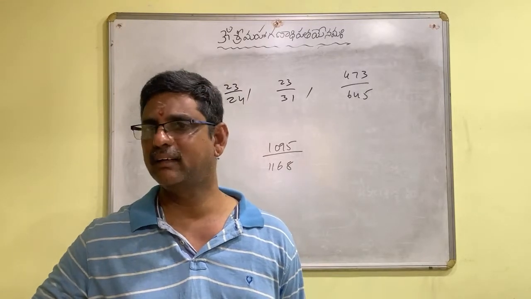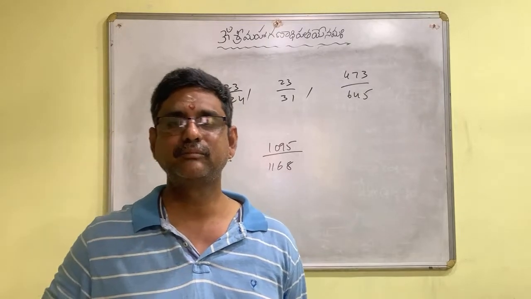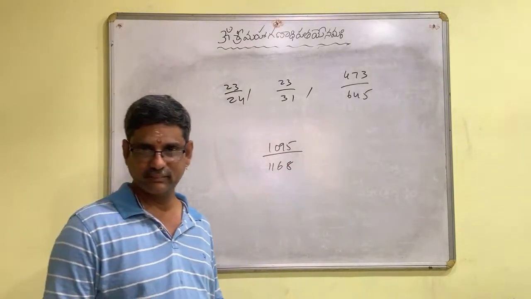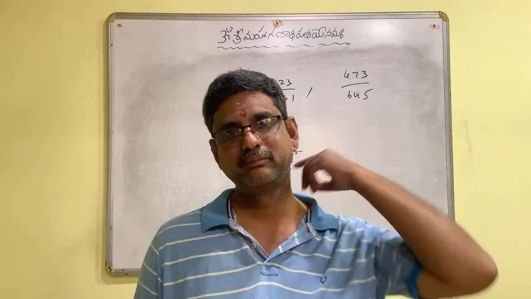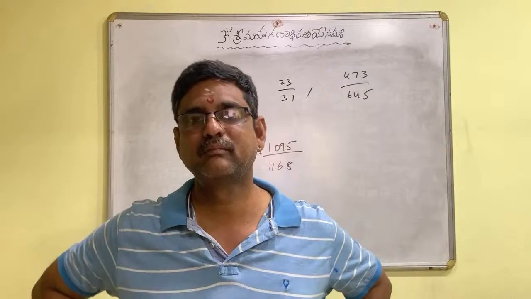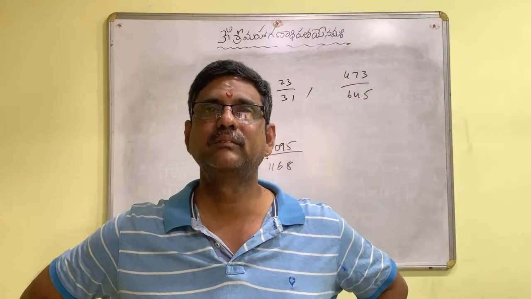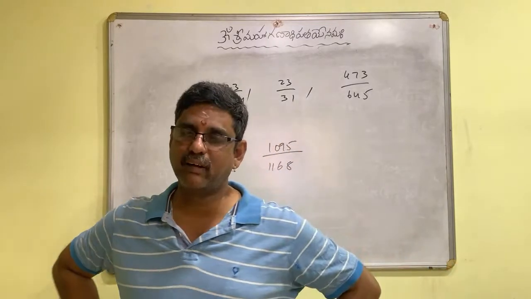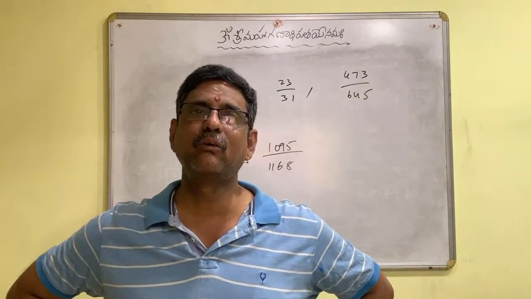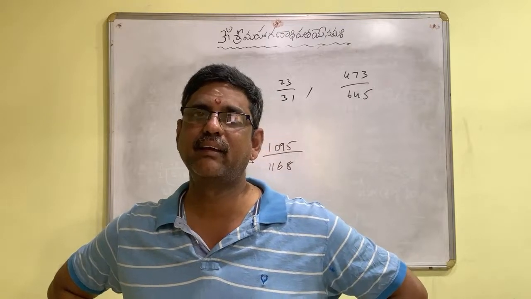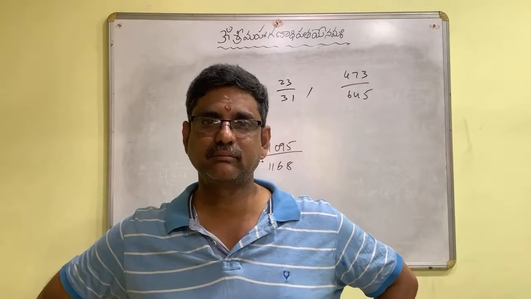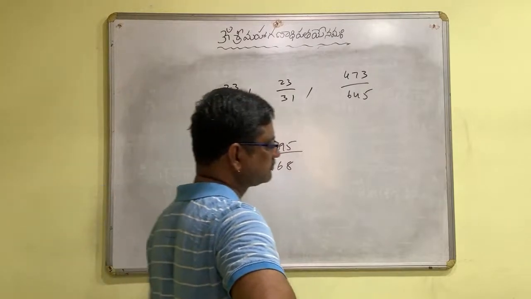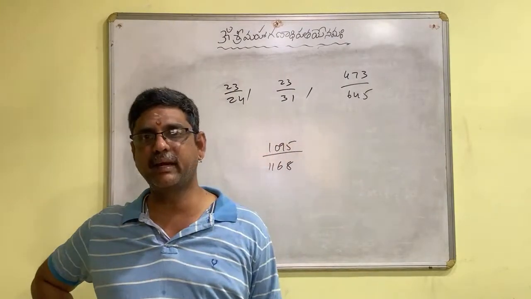By which number have you done directly 43? My question is, how do you know that 473 and 645 go in the 43 table? Is there any logic behind it? That is what I am asking.